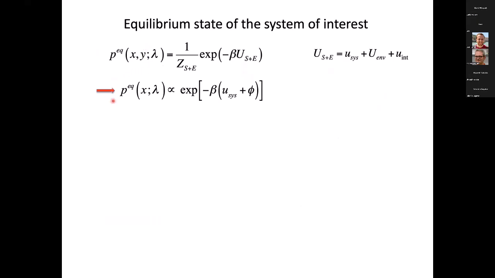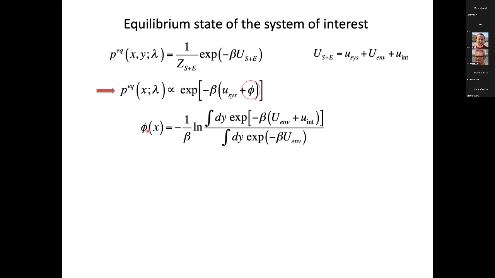I can do that in a few lines, and that gets me to this equation over here, namely that the equilibrium probability for finding the system in a microstate x is going to be proportional to this kind of modified Boltzmann factor, where this phi term is a modification that accounts for the strong coupling between the system and the environment. In fact, I should expect that this phi should vanish when the coupling between the system and environment is very, very weak, because then I would normally expect the usual Boltzmann factor.